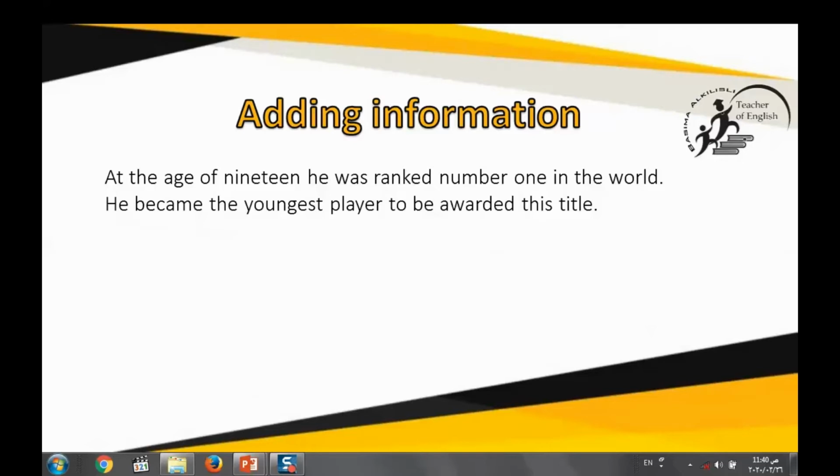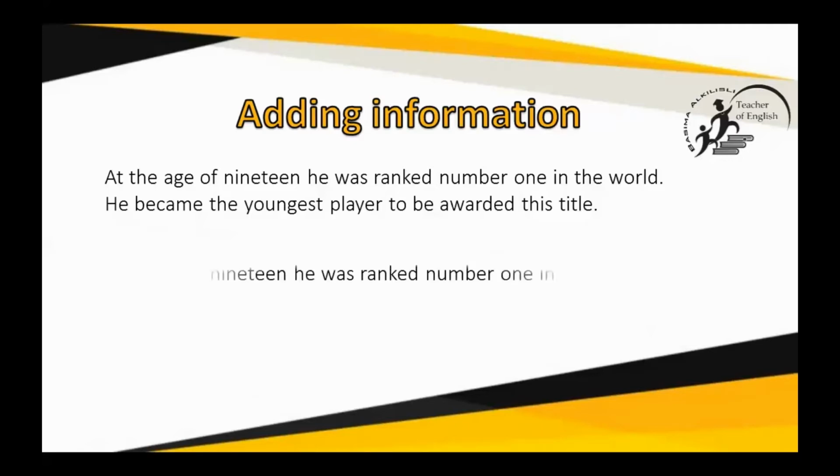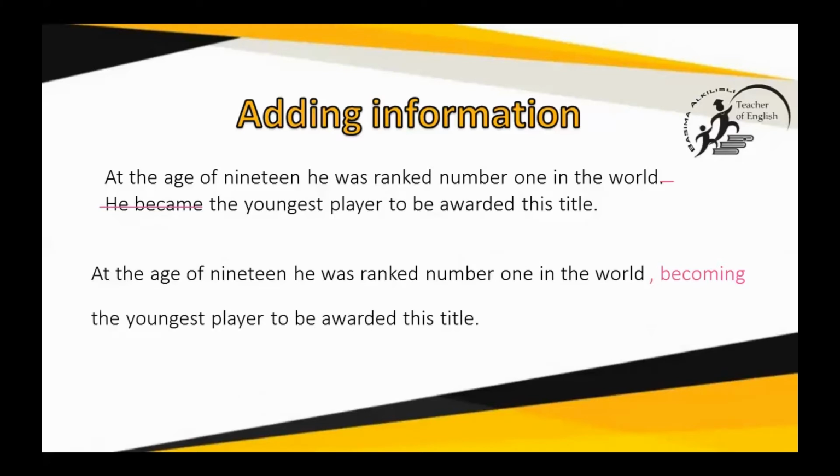How can we add more information to this sentence? First of all, we have to omit the full stop and the subject and the main verb of the second sentence, put a comma and the main verb in the ing form. Then we have to continue the rest of the sentence.